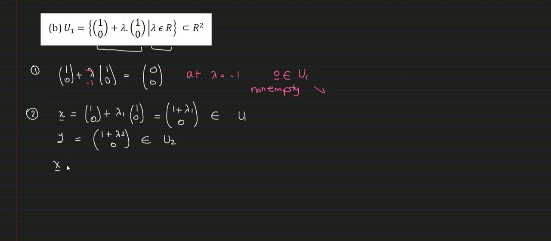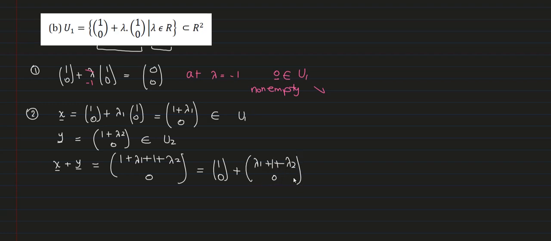Now let's test the addition. Now we know what x and y are, so we can take the addition, which will be 1 plus lambda 1 plus 1 plus lambda 2, adding the two corresponding elements, and 0. Now we need this to look like the shape of u1 that was described here. So we might rewrite it simply, taking (1, 0), and we will be left with lambda 1 plus lambda 2 and 0.